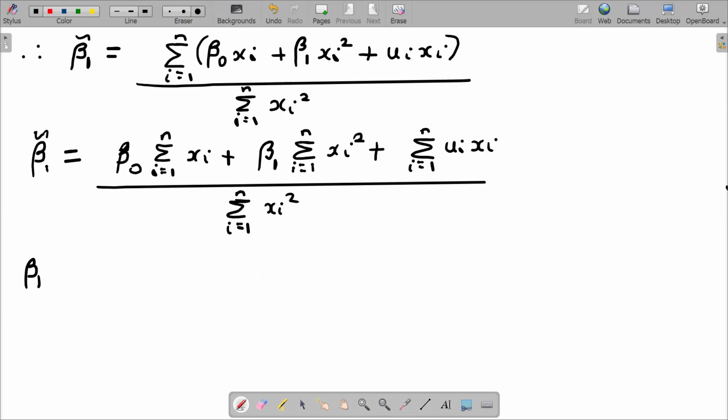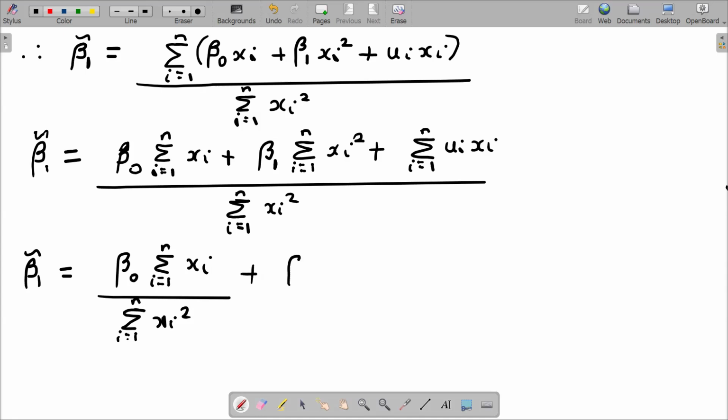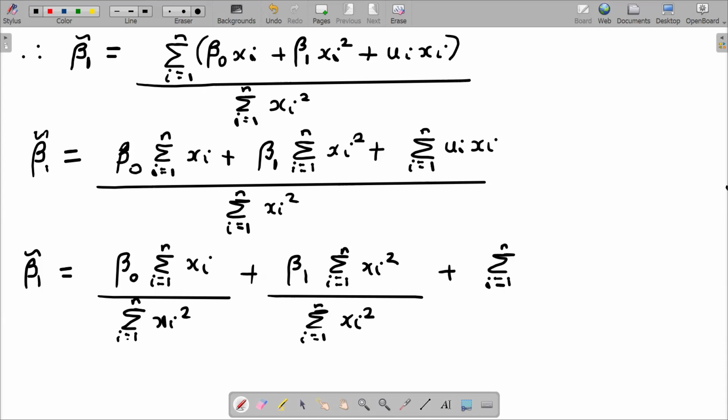Okay, and now I can further write it, if I separate the terms of the numerator, as beta 1 tilde equals beta naught times summation xi over summation xi², plus beta 1 times summation xi² over summation xi², plus summation ui xi over summation xi².